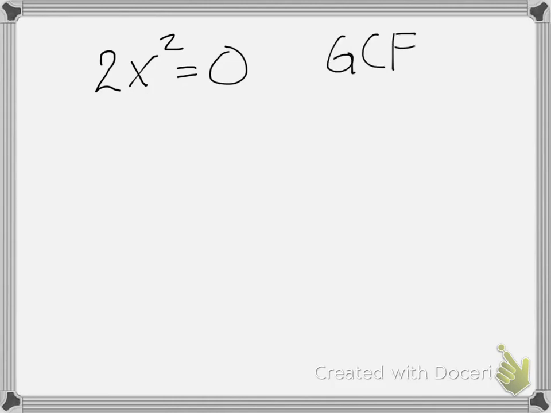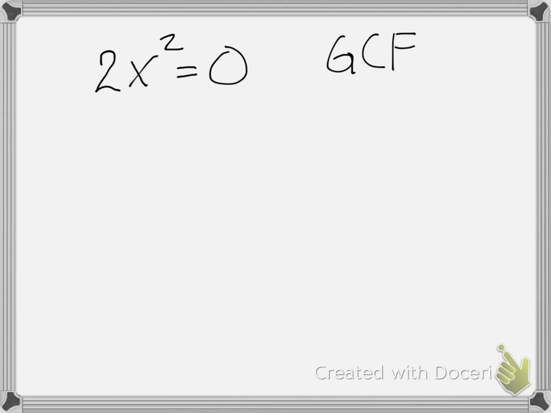Here's another one. 2x squared equals 0. We can't really pull out a GCF because it's just one monomial, one term.